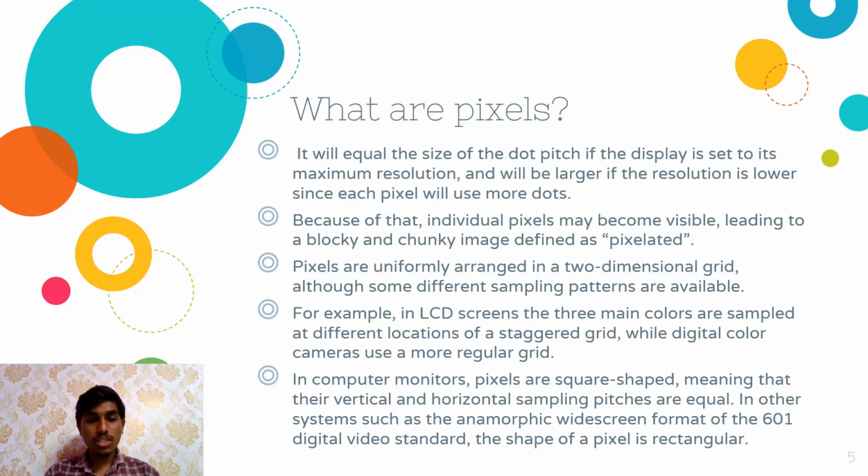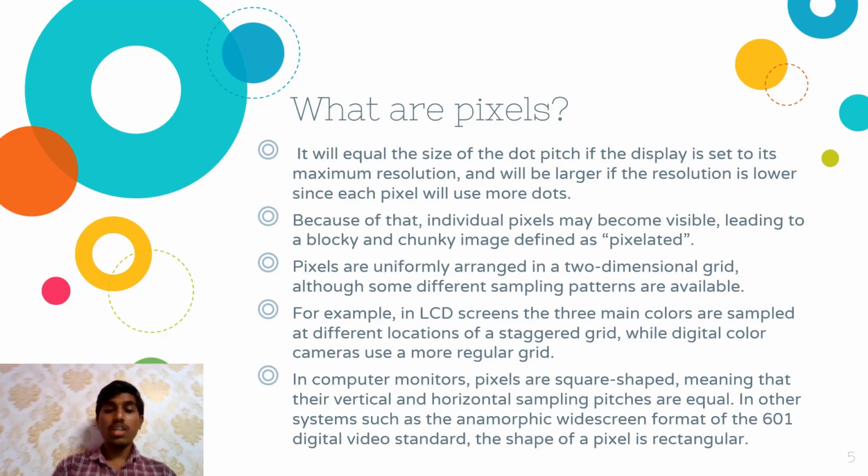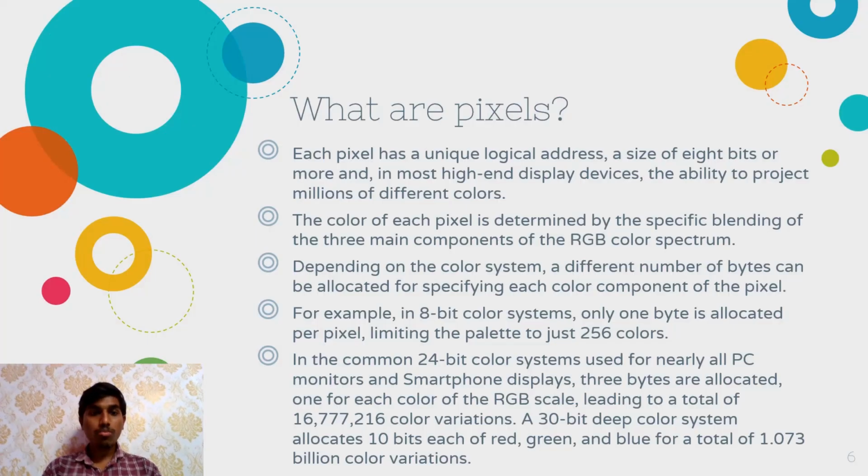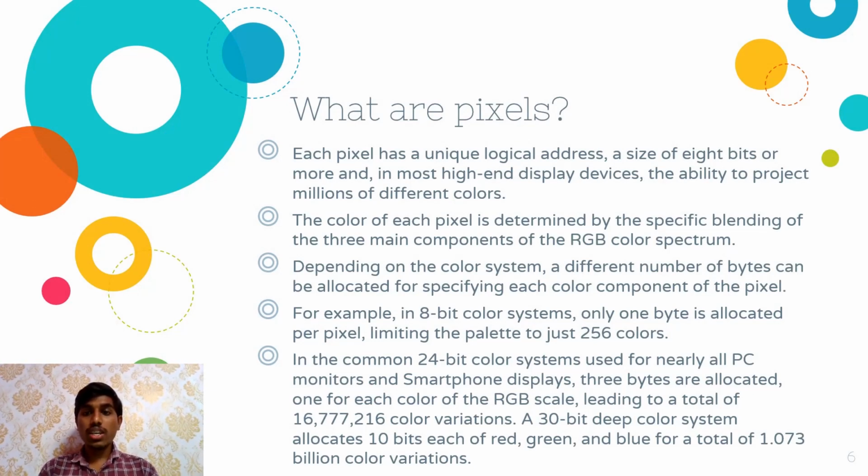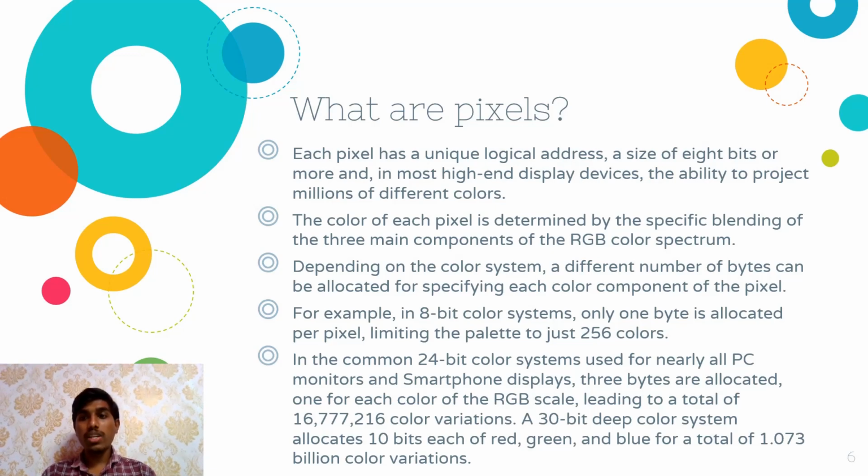In other systems, such as the anamorphic widescreen format of the 601 digital video standard, the shape of a pixel is rectangular. Each pixel has a unique logical address, a size of 8 bytes or more, and in most high-end display devices, the ability to project millions of different colors.